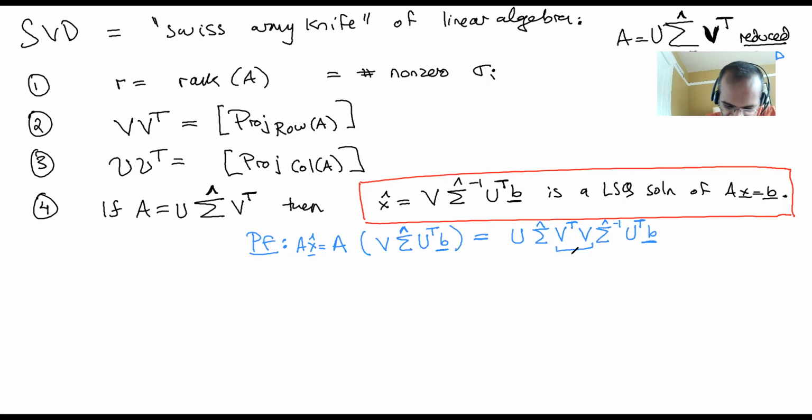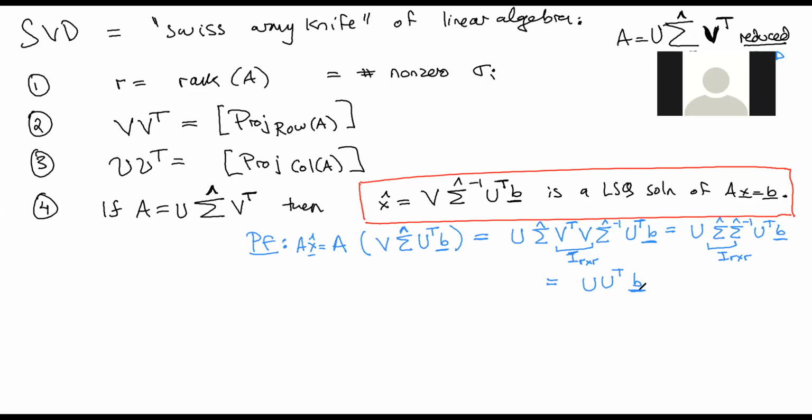So this cancels. Why is V transpose V the identity, r by r identity? Why is that? Orthogonal. Yeah, columns of V are orthonormal. Good. So now you get U sigma hat inverse sigma hat U transpose B. That's just identity, r by r. So you get U U transpose B. And anybody recognize what that is?